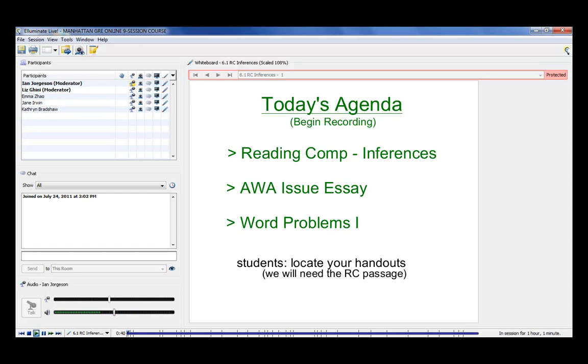What we're looking at today, a couple of different things. We'll start off talking about reading comp, try to build a little bit on what we did last time. If you remember, last time we talked a lot about the big picture type questions. Today we're going to focus on inferences, although we'll of course still see standard detail questions and big picture questions as well. We'll also take a brief look at the issue essay.